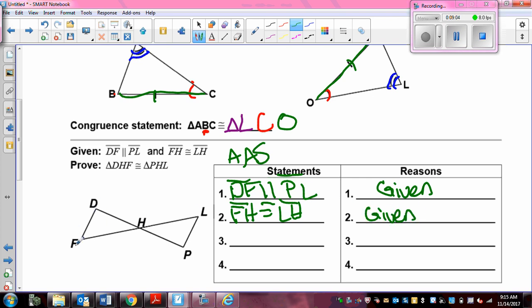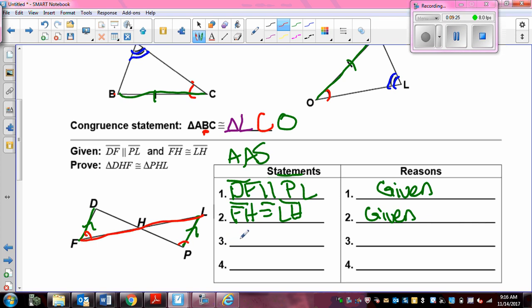So DF is parallel to PL. Means that this side, not congruent, but it is parallel. Which means we have alternating interior angles. So if these are our parallel sides and this is maybe my transversal, then I know that this angle is congruent to this angle.